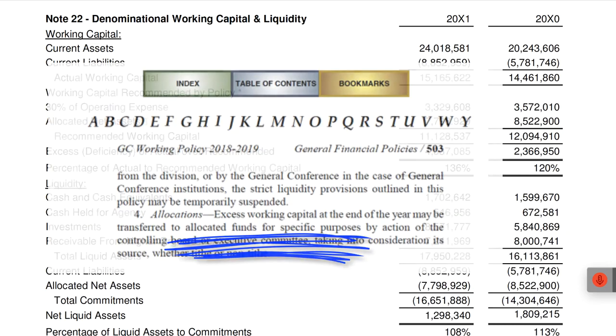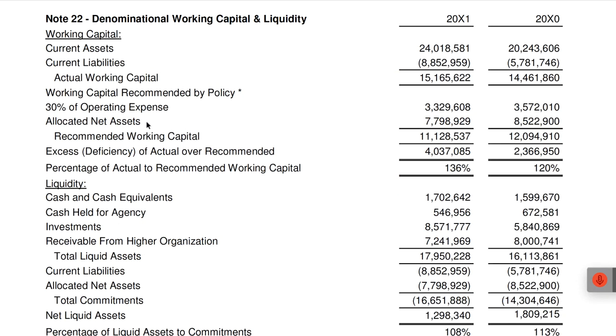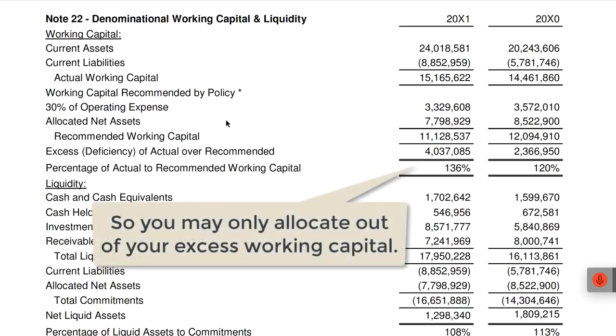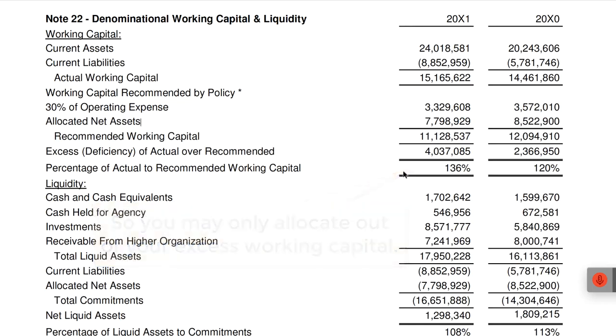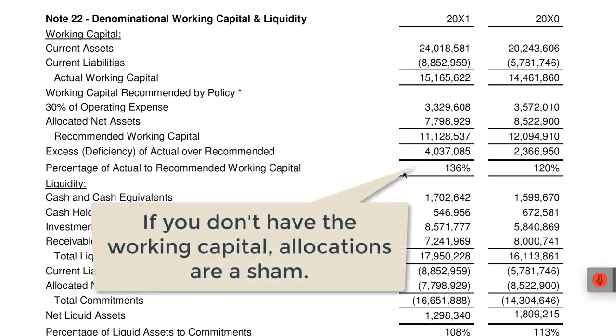So anytime you're below 100% of the working capital, you have less working capital than the requirement. It is against policy to allocate. I will tell you that if you're allocating and you don't have the working capital, you're just playing a game anyway. You're saying these resources are for this special project when in fact you don't have the resources.